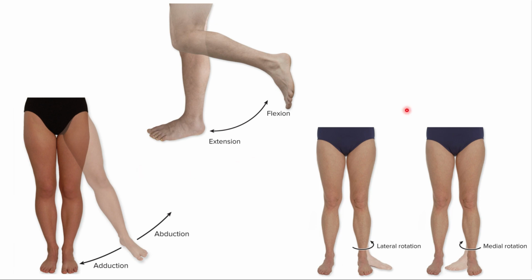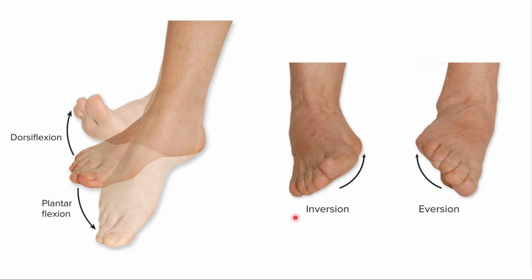And then this image that you can see here on the right side of the screen is depicting lateral and medial rotation, and that occurs along the longitudinal axis of the bone. We're going to see examples of adduction, abduction, flexion, extension, and lateral and medial rotation in other parts of the body as well, not just in the lower limbs, but there are a few actions that are specific only to the ankle and the foot.